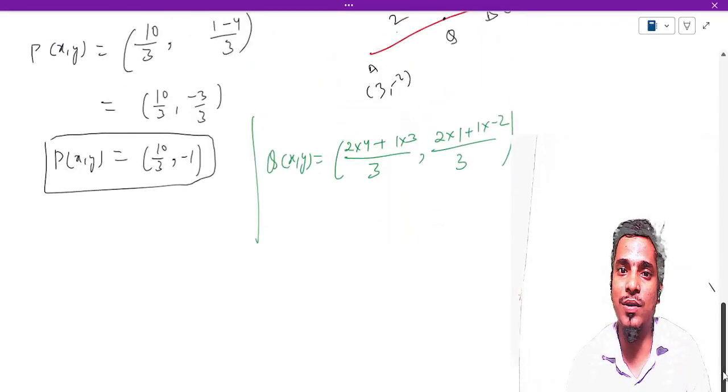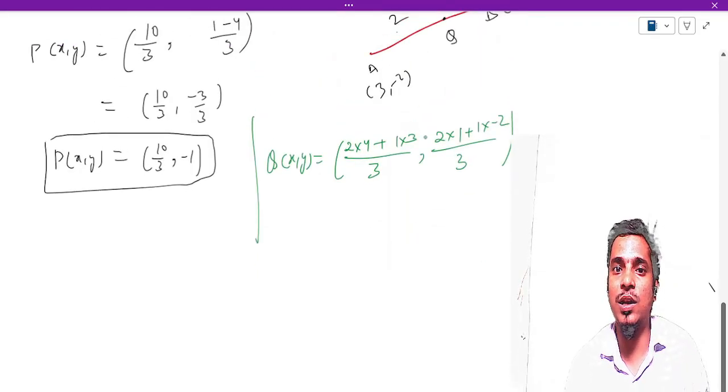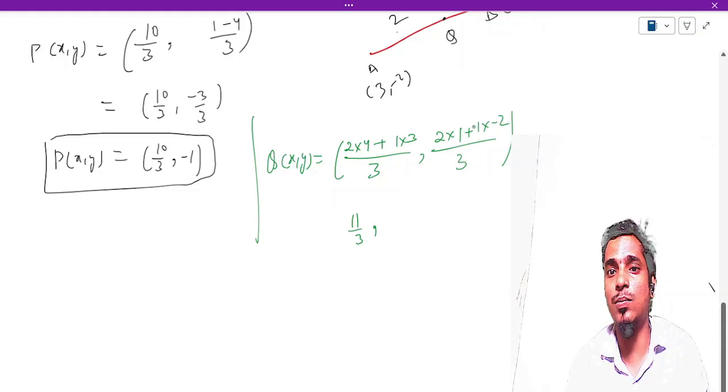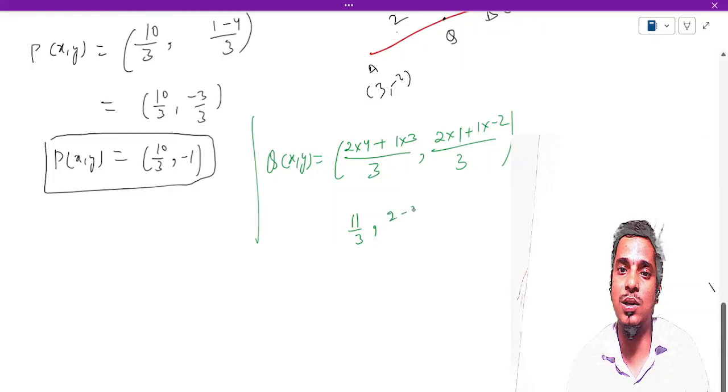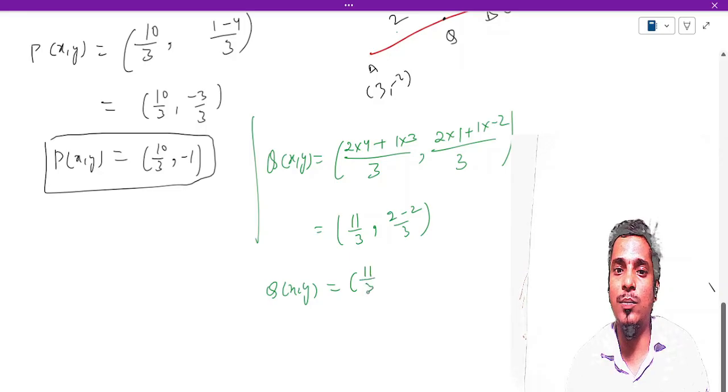Once we simplify this, we get 8 plus 3, 11 by 3, and 2 minus 2 is 0. So the coordinate of x comma y is 11 by 3 comma 0.